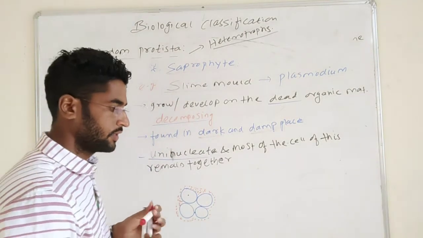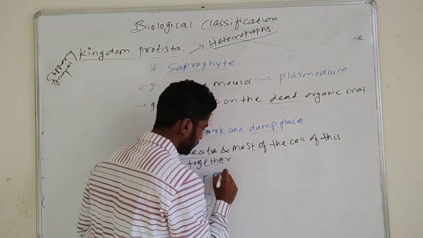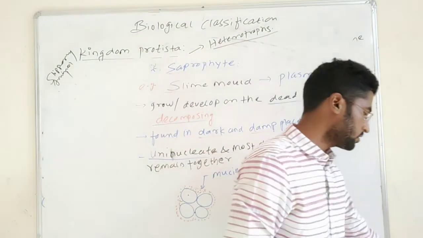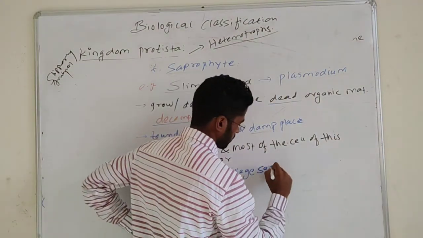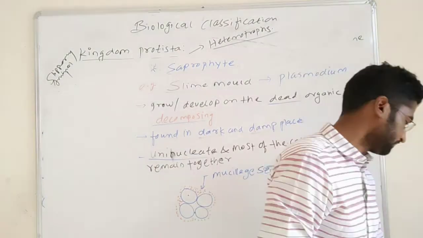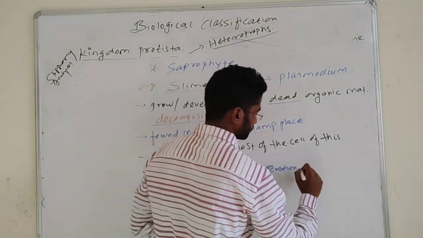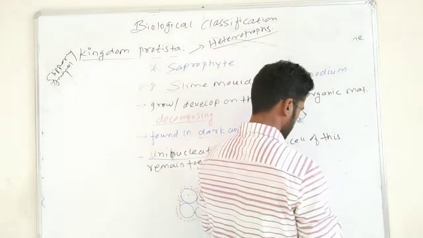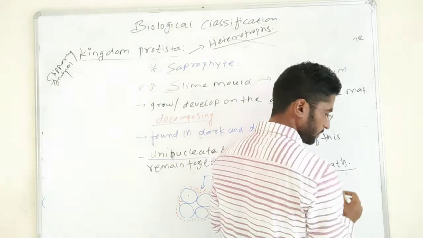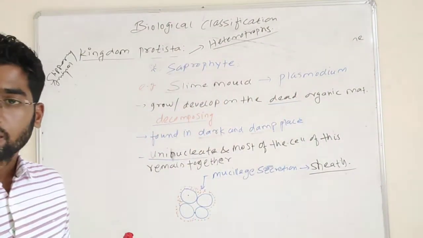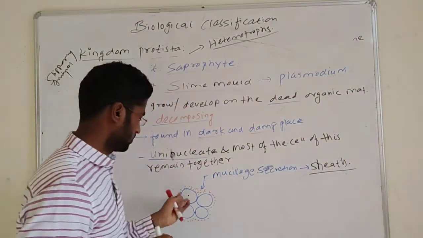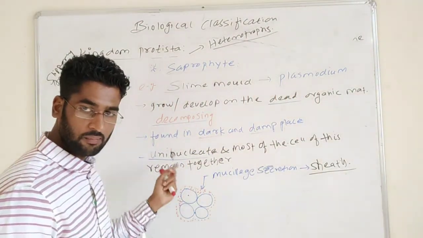So this is known as mucilage. This mucilage secretion is called slime. Slime means nothing but they are providing a cell wall-like protection to the plasmodium, right?